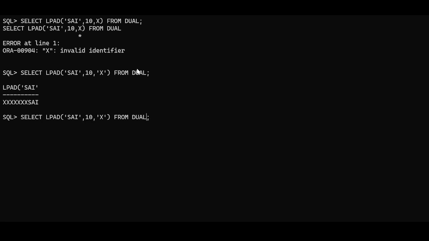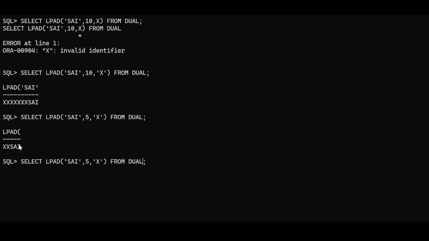Another example: if I take 5 instead of 10, then reduce 5 by the number of string characters. The number of string characters is 3. So 5 minus 3 is 2. On the left side, the 2 void spaces will be filled with x.